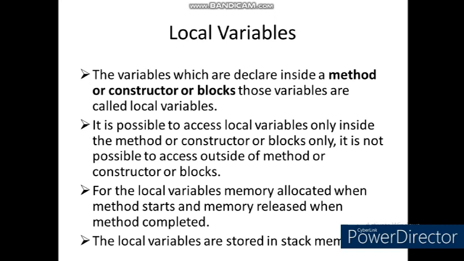The next thing is that for local variables, memory is allocated when the method starts and released when the method is completed. If a method called m1 has one local variable named rollNumber, the memory is allocated when the method starts executing and is released when the method is completed.